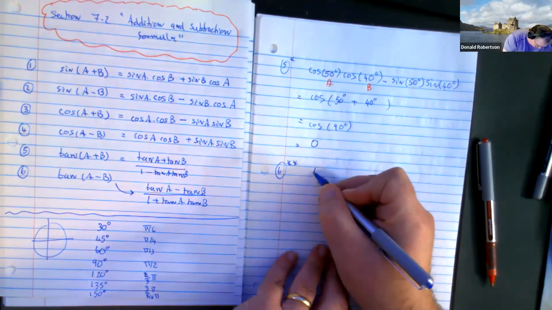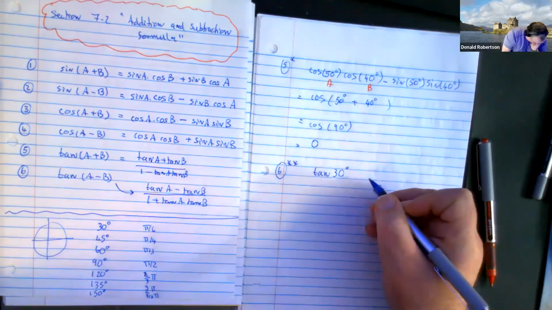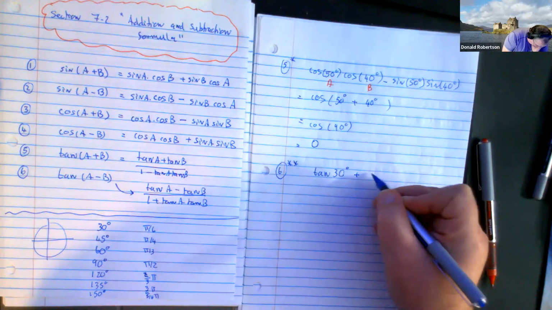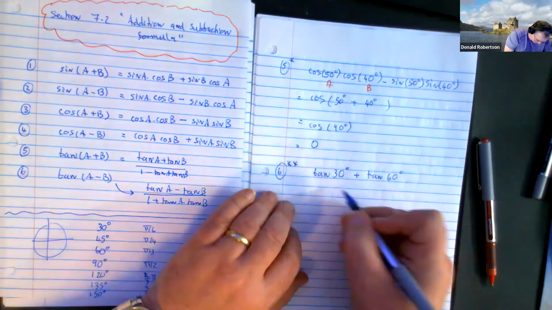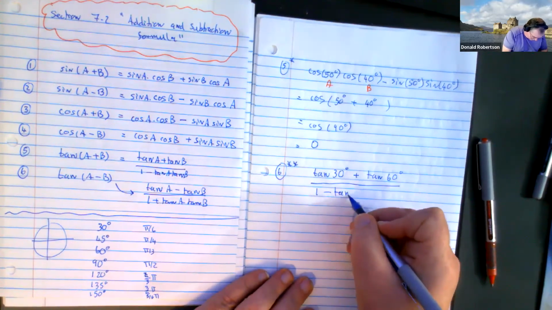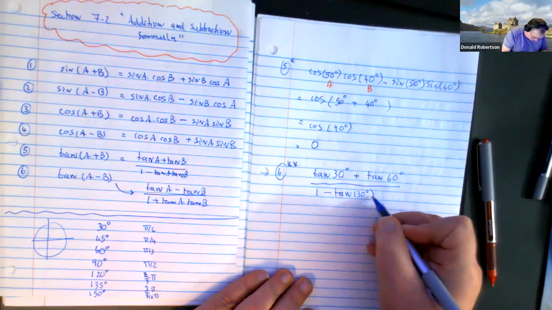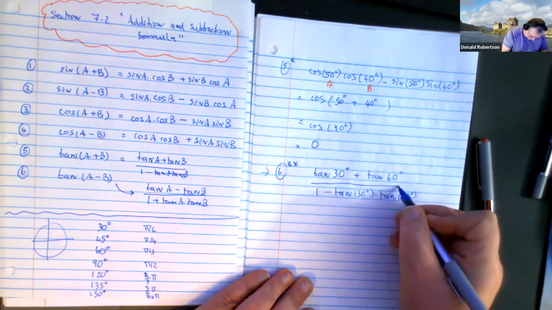And I'm going to do the tan of 30 degrees plus the tan of 60 degrees over 1 take away the tan of 30 degrees times the tangent of 60 degrees.